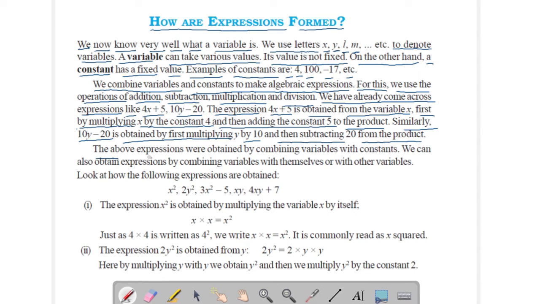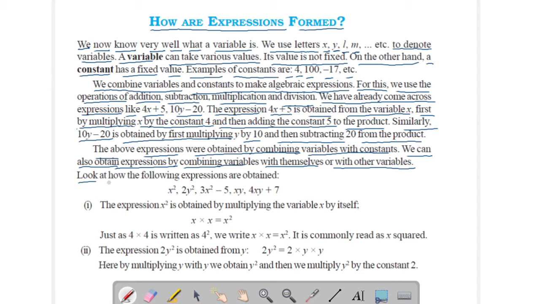The above expressions were obtained by combining variables with constants. We can also obtain expressions by combining variables with themselves or with other variables.